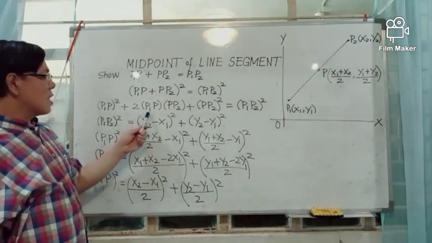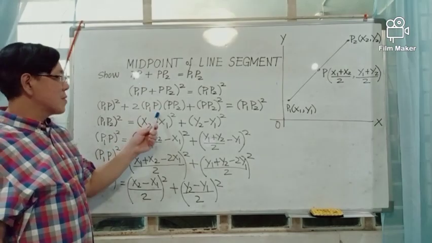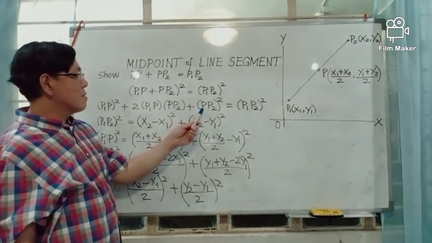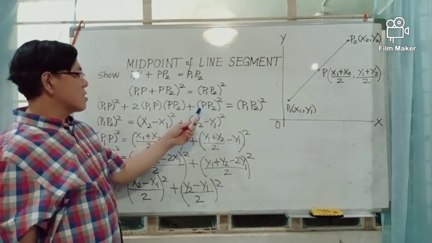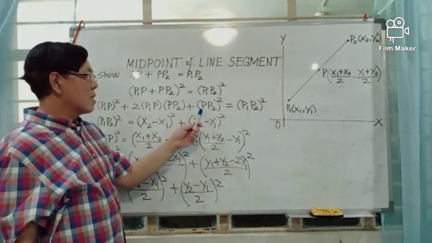And we also need that in the second term. Next, we find the square of the distance between P and P2.